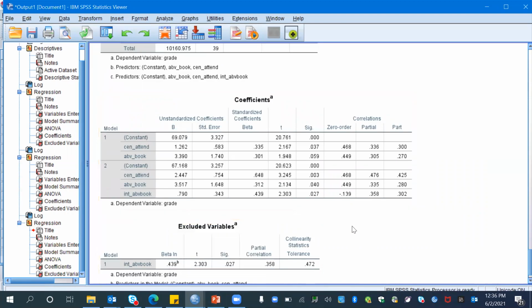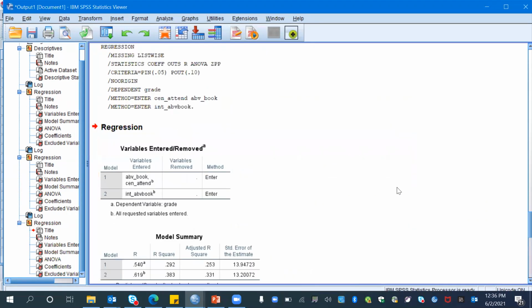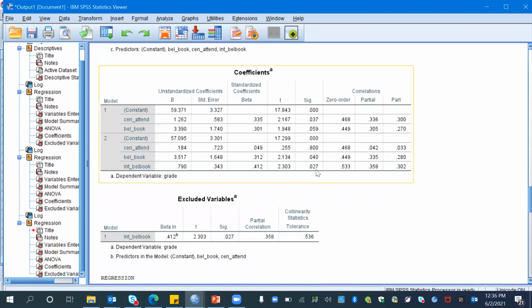So looking at this, you'll notice this looks drastically different from this. Well, the interaction is the same, but our attendance is different. So ultimately, what this means is that for those who didn't read a lot of books, specifically if they read one standard deviation below the mean of books, there is no relationship between their attendance and their course grade.